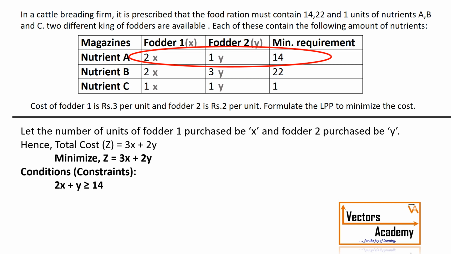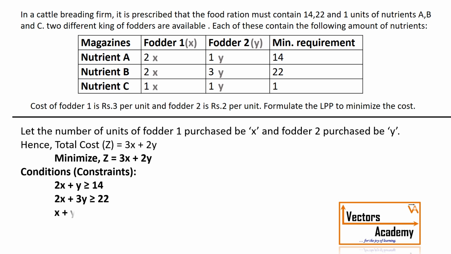Okay, so remember, whenever minimum requirement is given, the sign will be greater than equal to. Or in the previous question where the availability of time or rupees is given, we have to write less than or equal to. So similarly for the nutrient B, the other constraint will be 2x plus 3y greater than equal to 22.